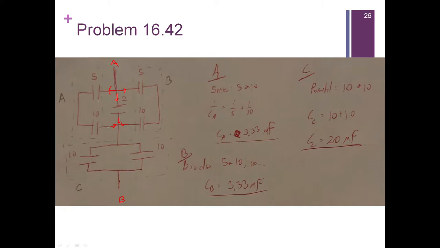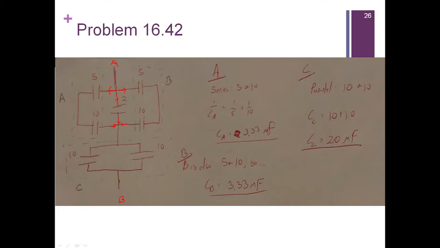So before we could ever try to add A and B and the 2 microfarad capacitor together as if they were in parallel, we would first have to figure out what branch A's actual total capacitance is, because what's parallel here is completely separate rungs.